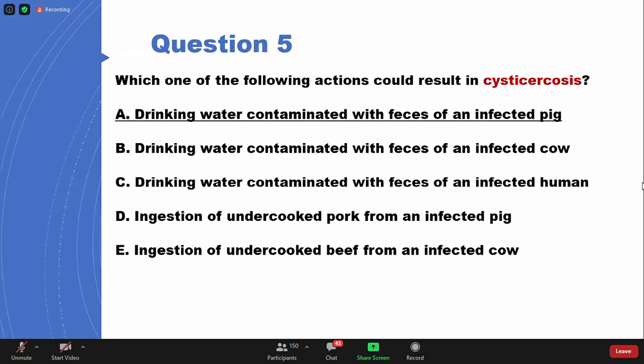They don't become adults, because humans are not the usual intermediate host; they are supposed to be the definitive host. And remember, I told you during the lecture that for Taenia solium, both the eggs and the larva are infective. However, for Taenia saginata, only the larval form is infective. Okay? Is it clear now?